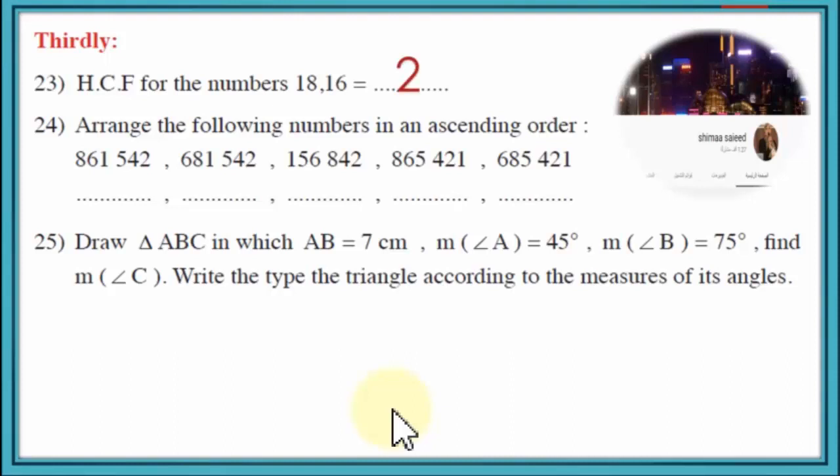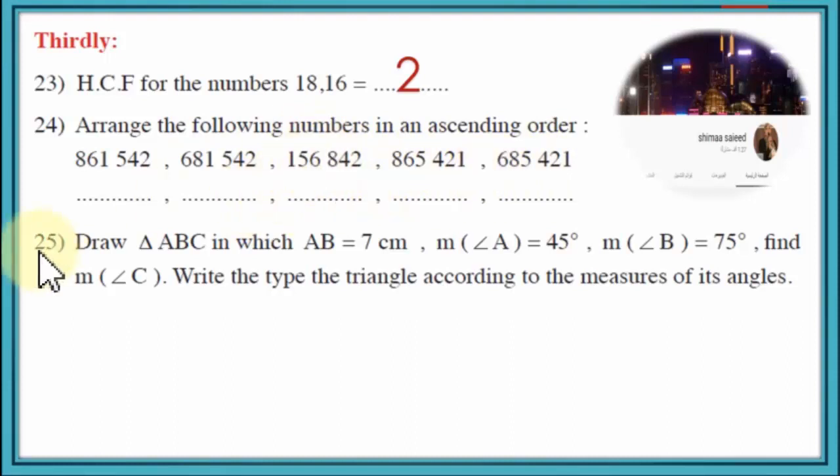Now arrange the following numbers in an ascending order. If we want to arrange those numbers ascendingly, we must count the number of digits at first. 1, 2, 3, 4, 5, 6 digits, 6 digits, 6 digits, 6 digits, 6 digits. So here we have 800,000, 600,000, 100,000, 800,000, 600,000.